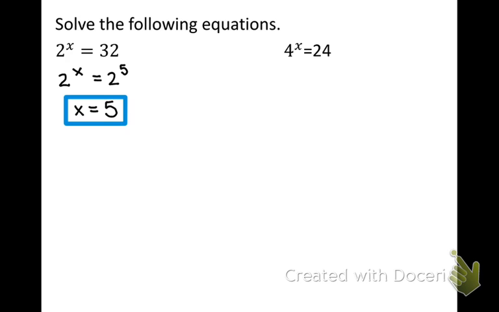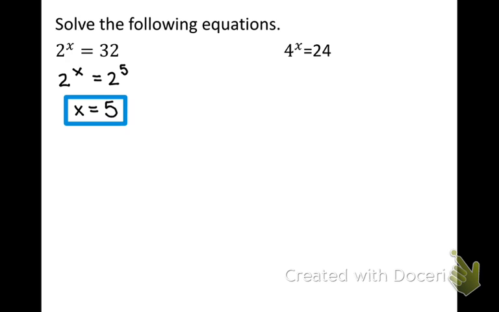Now, in the next example, I have 4 to the x equals 24. The base on the left-hand side is 4. So I'm asking myself, is there any way I can do 4 to some exponent that would equal 24? It's not going to work because 4 squared would be 16, and then 4 cubed gets me to 64, so it jumps right over that 24.